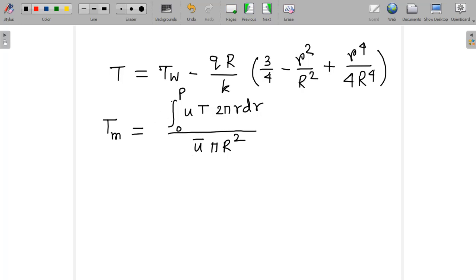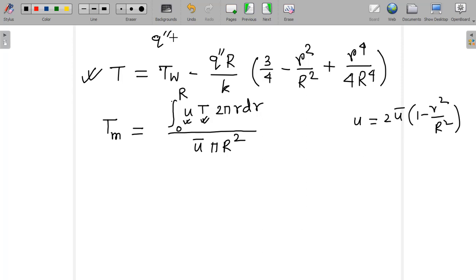If you put the value of the temperature profile here, and the velocity profile, which is 2 u bar into 1 minus r square by R square, at the end you are going to get this result if you consider that the heat flux is constant.